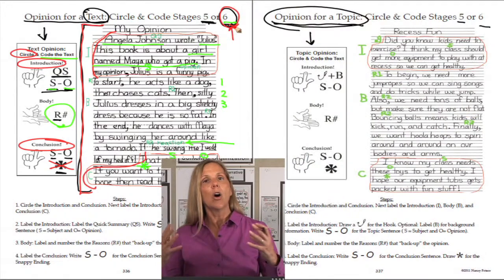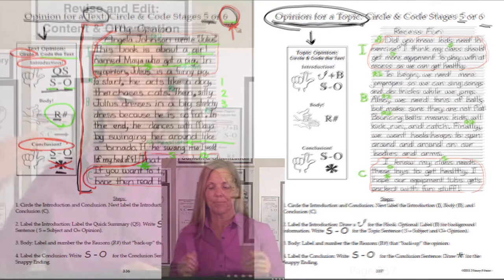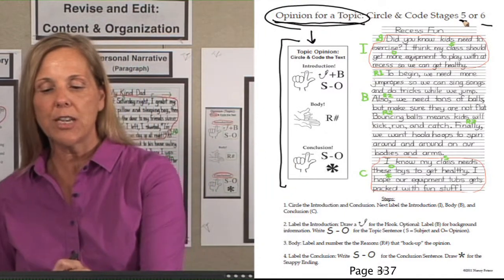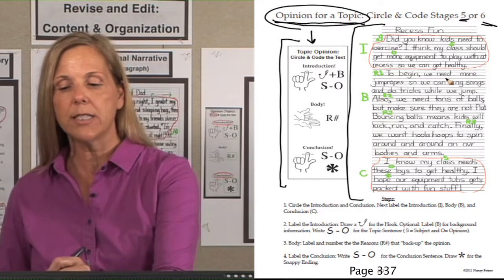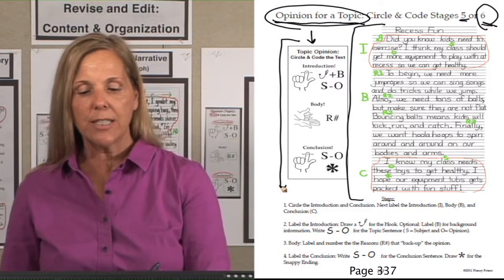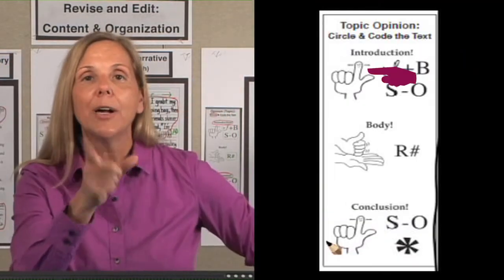Let's look at our bookmark for writing an opinion about a topic. On the next page, you will see we have our bookmark. This is for stages 5 and 6. This sample of writing is actually for a stage 6. We give the bookmark to the students and we remind the students you need an introduction and to be polite.